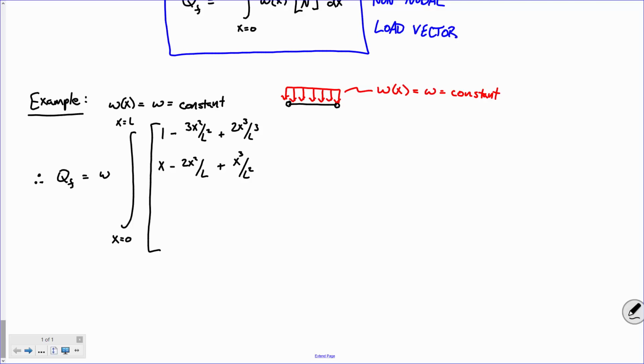All right. Next one is 3x squared over L squared minus 2x cubed over L cubed, and then what? x to the third over L squared minus x squared over L. Did I do that right?